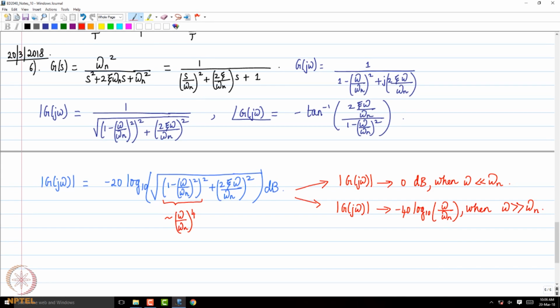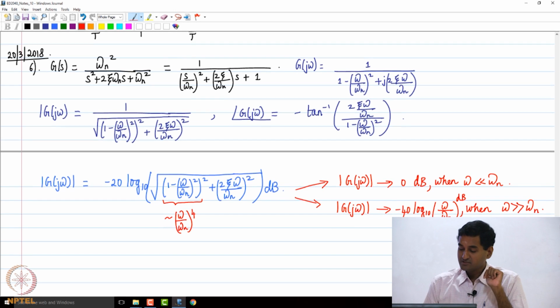Of course, this is in decibels. Is it clear how we got minus 40 log omega by omega n? The first term tends to omega by omega n to the power 4, and the second term is like omega by omega n whole square. Just think that omega by omega n is 10 power 3.